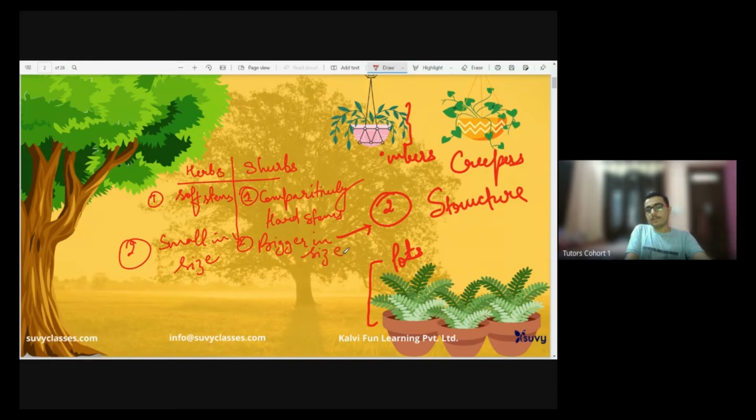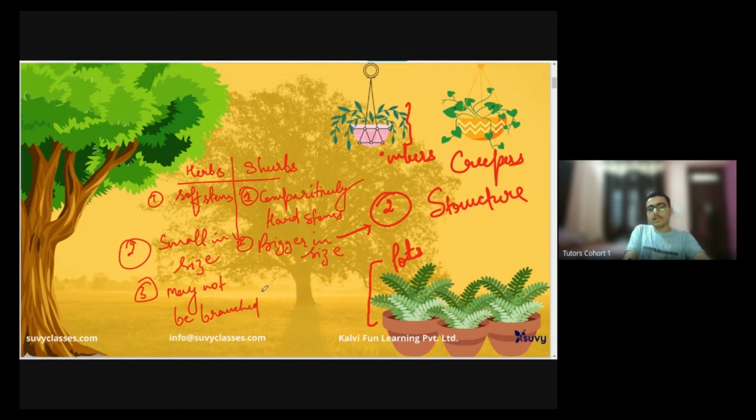Similarly, you can write the third difference: herbs may not be branched, whereas shrubs are usually branched. All right, so that's the thing.